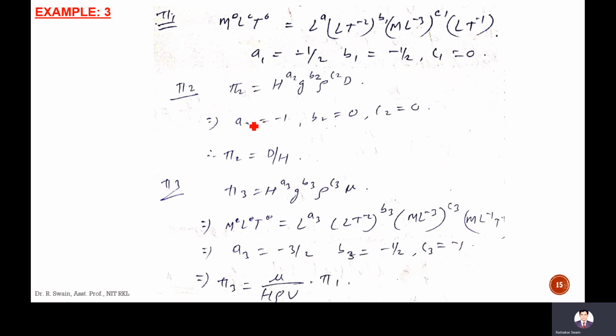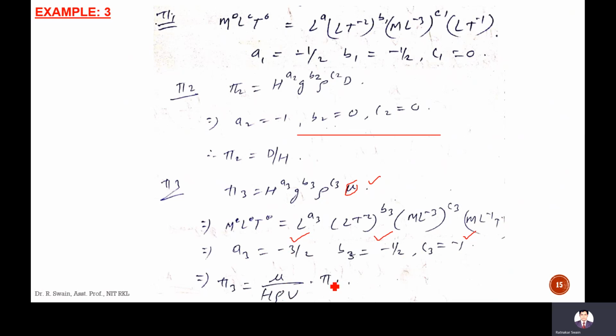By writing the dimensions you can calculate a2, b2, c2, so pi 2 will be d by h. For pi 3, mu is there, so I have to write all the dimensions. After solving a3, b3, c3 you will get minus 3 by 2, minus half, minus 1. So pi 3 will be mu by h rho square root of gh.